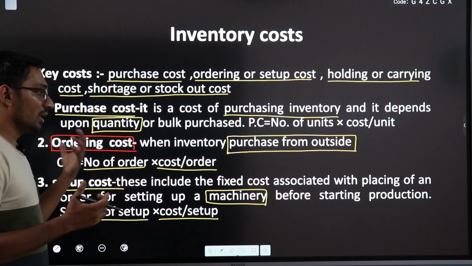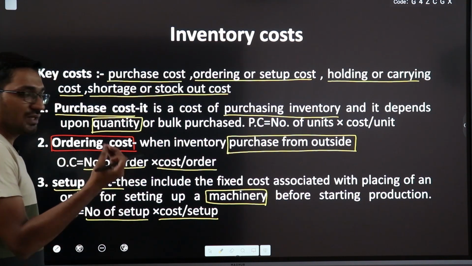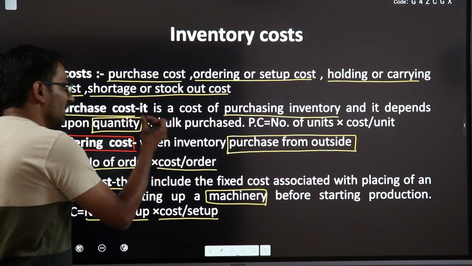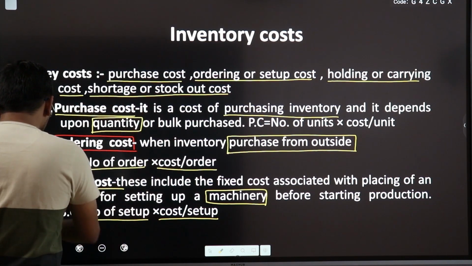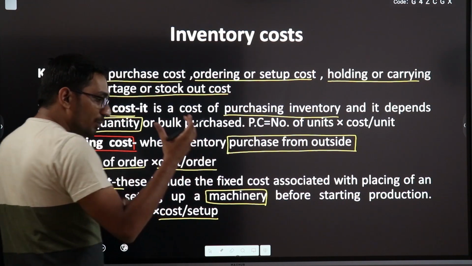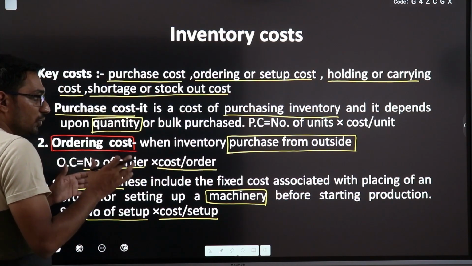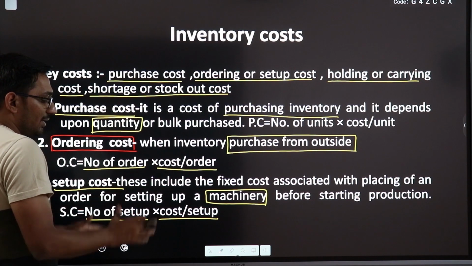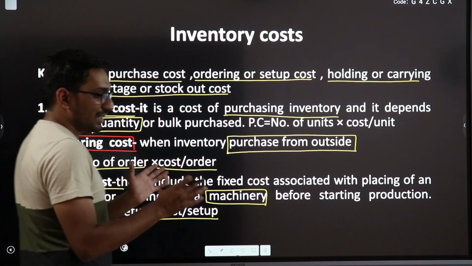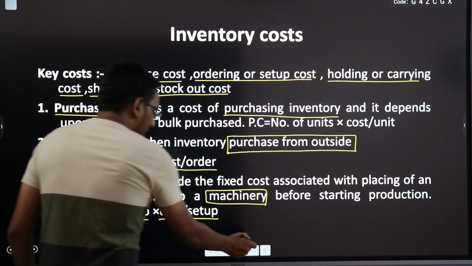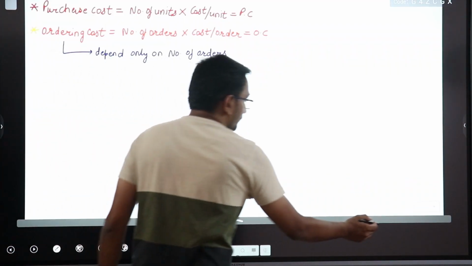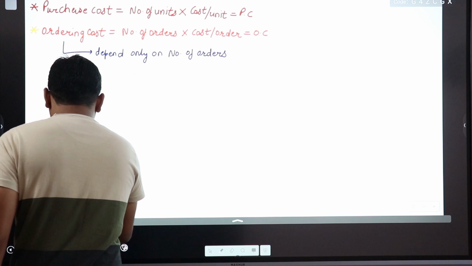The cost associated with that transport mechanism will come in the ordering cost. This is important because in the question so many things are given, and you need to analyze what are the various things that are included in the ordering cost.